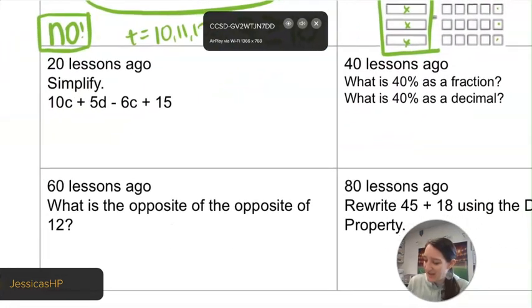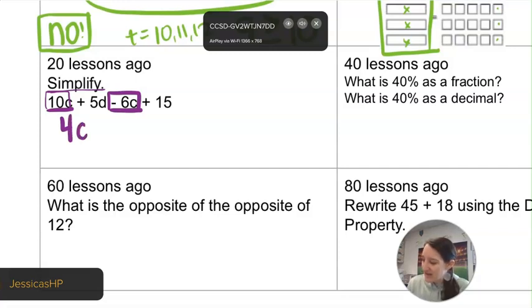Simplify. Okay. Simplify means I've got 1, 2, 3, 4 terms. I'm going to see if I can get it down to less than 4 terms, correct? So I'm going to look at all of my C's. I have 10 C's, and then I have a minus 6C, which would leave me with 4 C's.